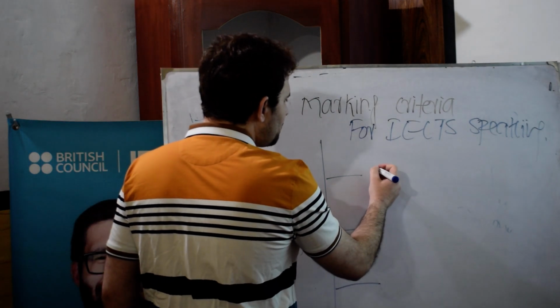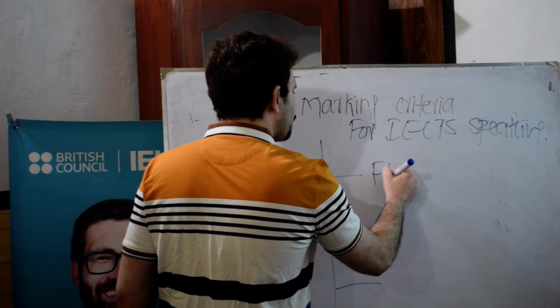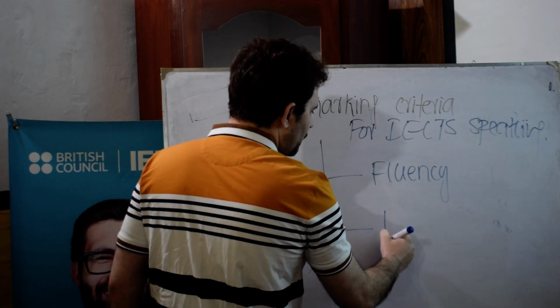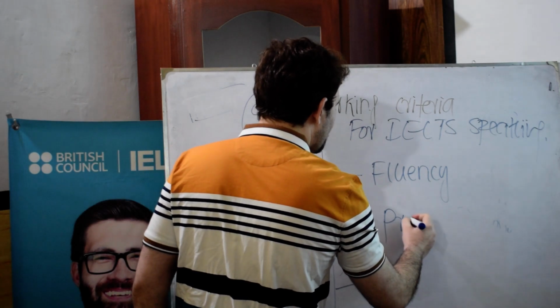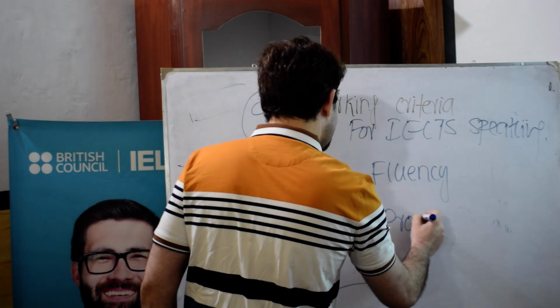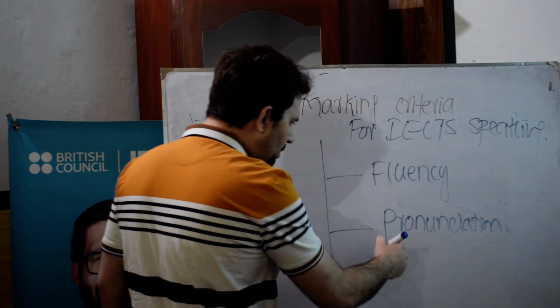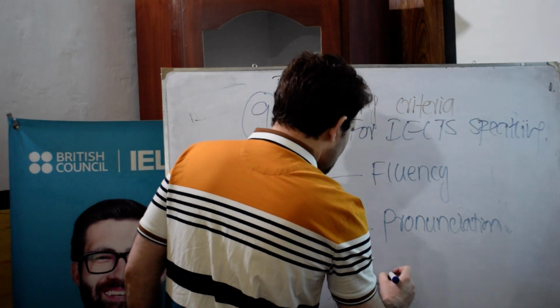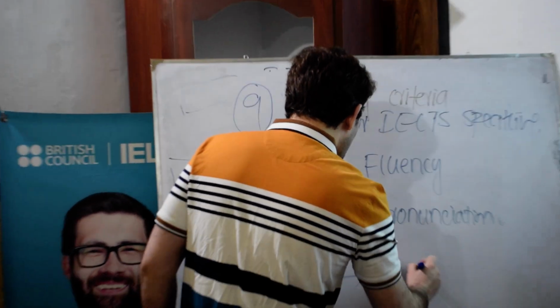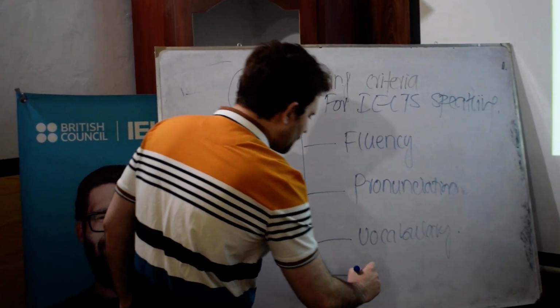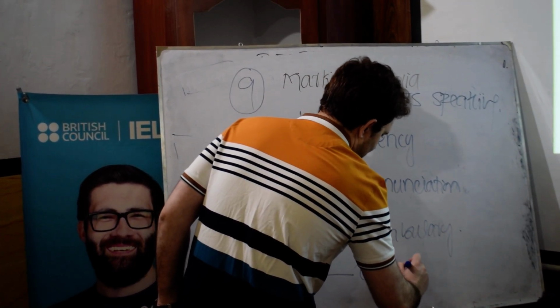First of all, you will be given marks on the basis of your fluency. Number 2, you will be given marks on the basis of your pronunciation. Number 3, marks on your vocabulary. And number 4, your grammar.